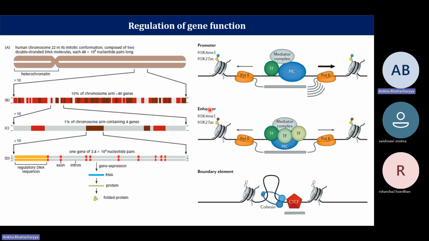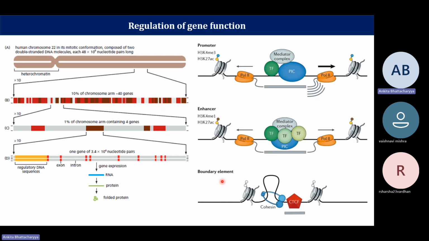However, when an enhancer is present, there is a difference whereby enhancer proteins help in recruiting more and more transcription factors. So if you see at the same position, more and more transcription factors get recruited, and that helps in controlling transcription.